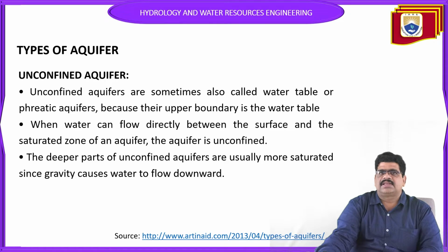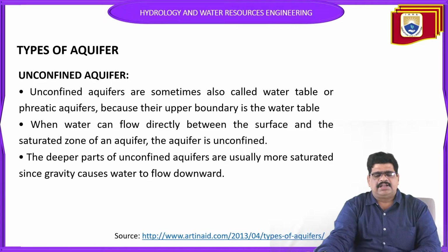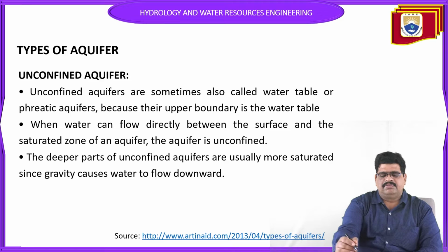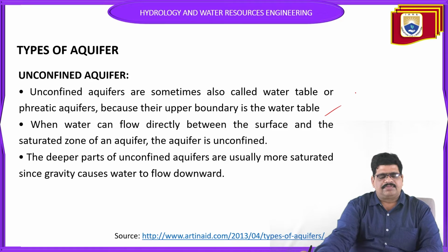The first is the unconfined aquifer. Unconfined aquifers are sometimes also called water table or phreatic aquifers because their upper boundary is the water table. When water can flow directly between the surface and the saturated zone of the aquifer, it is called an unconfined aquifer.